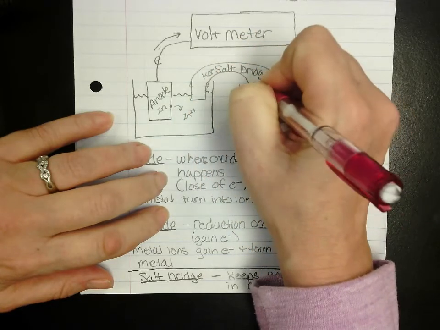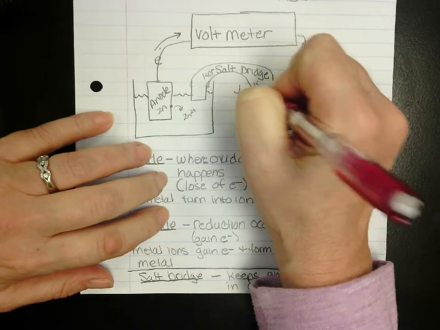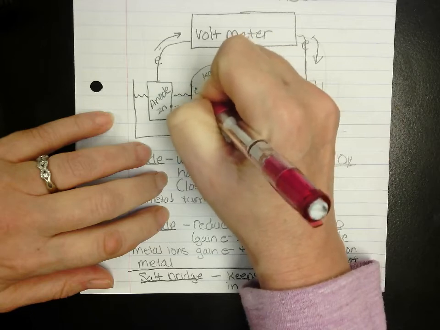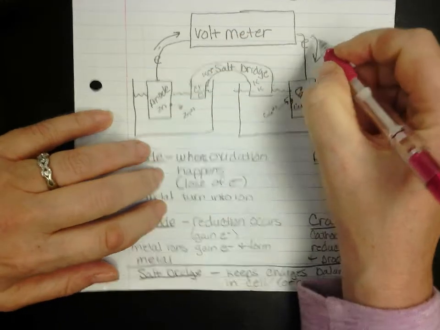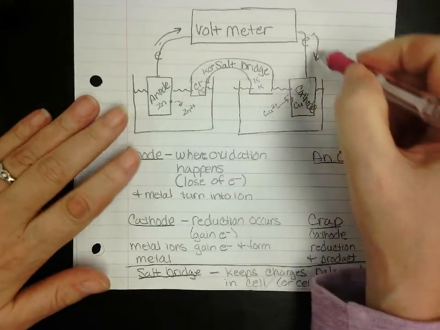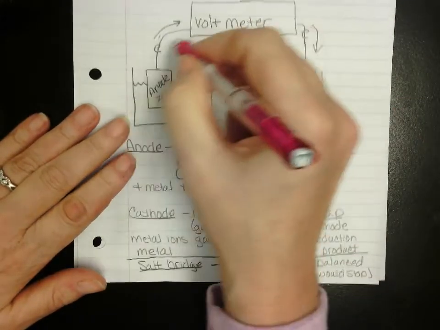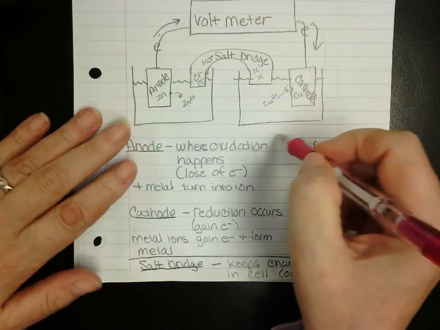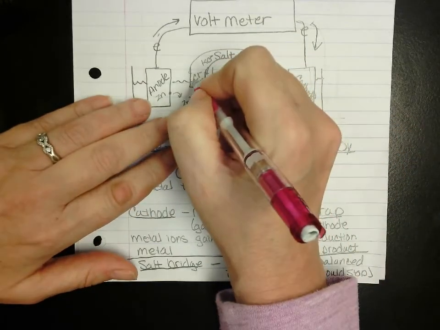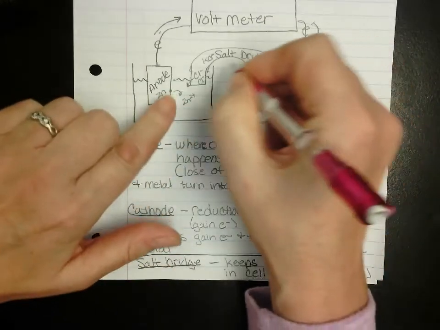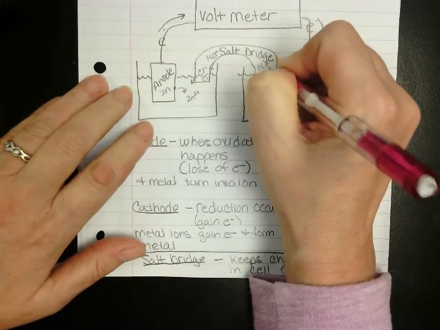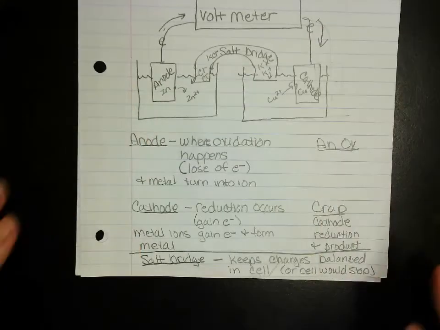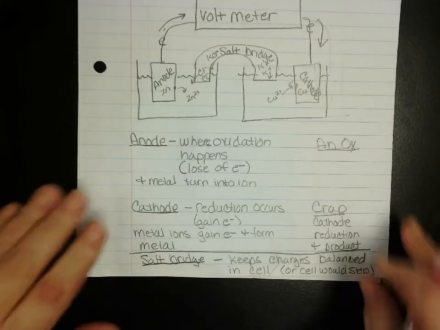So we have potassium ions and chloride ions. And what happens is my negative flow goes this way. It keeps going this way, okay? So the salt bridge helps the negative flow by my chlorides keeping that negative flowing in that circle, which means my potassium would have to be flowing in the opposite direction.